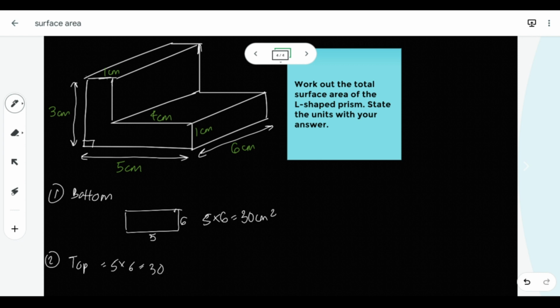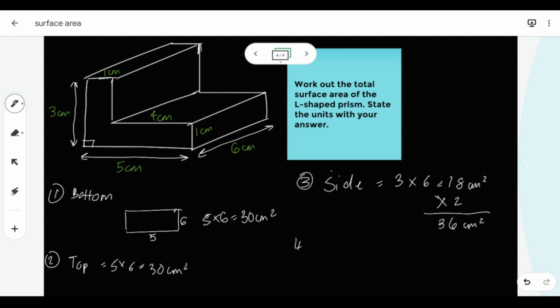Give you 30 centimeters squared. And then number 3, the side of the shape, which is 3 by 6. So 3 times 6 to give you 18 centimeters squared. Right, obviously you've got 2 sides, so times that by 2, and we get 36 centimeters squared.